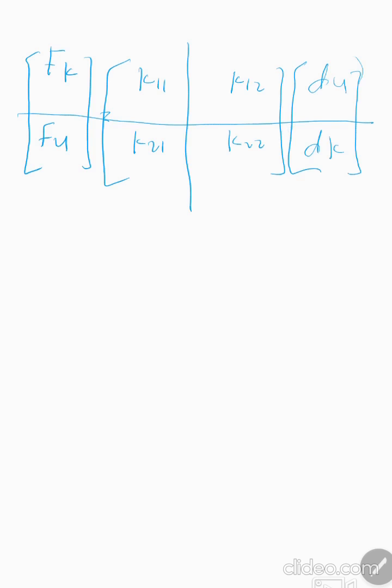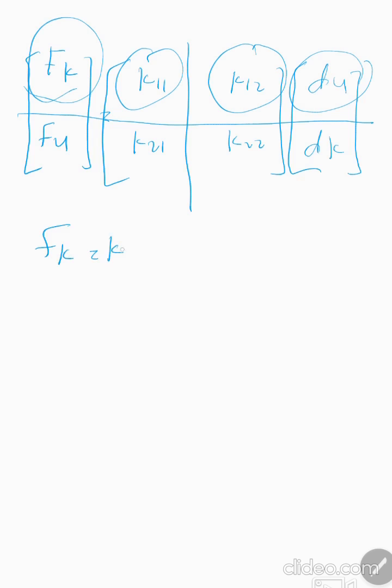To calculate this value, just take K11 and K12 and Fk. So it will be like this: Fk equals K11 Du plus K12 Dk.